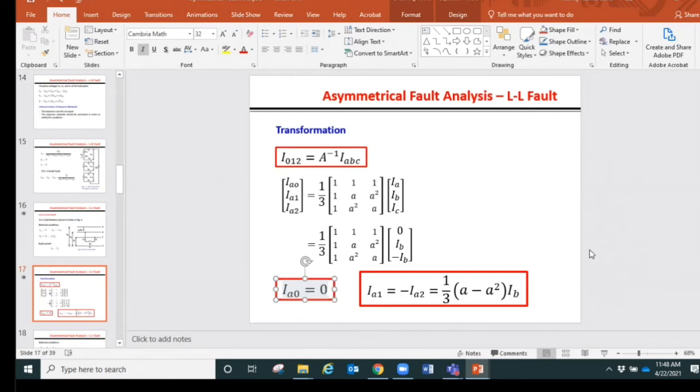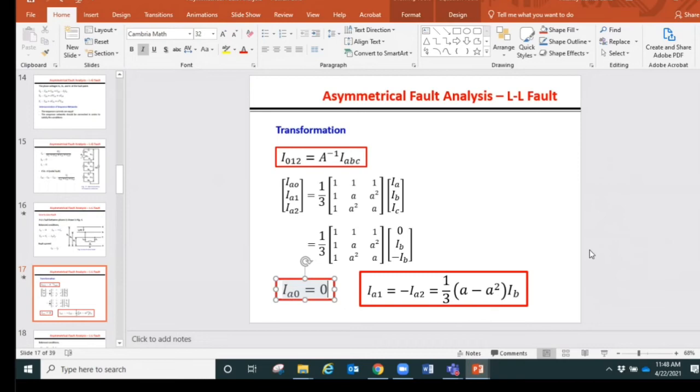You can say Ia2 is equal to Ia1 but having negative sign, meaning they are actually the same current, same magnitude, but flowing in the opposite direction. If I say Ia1 is equal to Ia2, then what it means, they are flowing in the same direction.